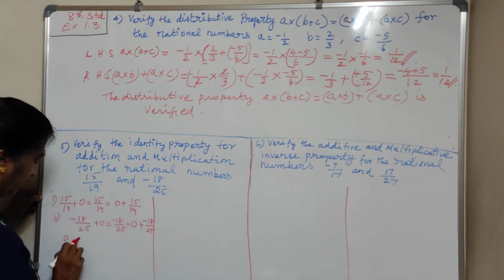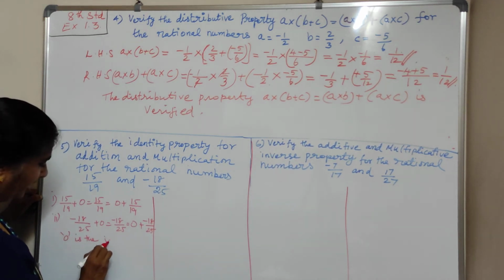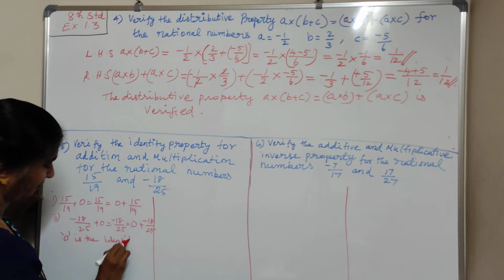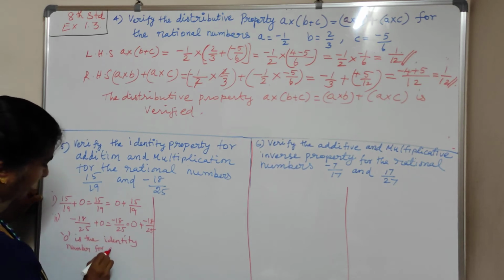So 0 is the identity number for addition.